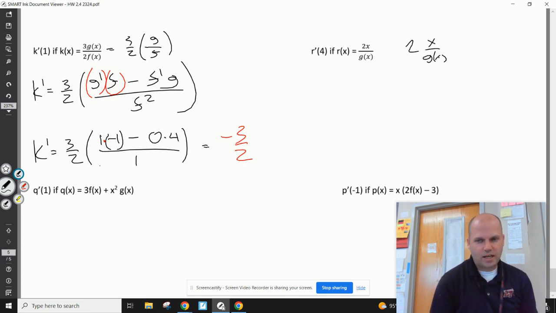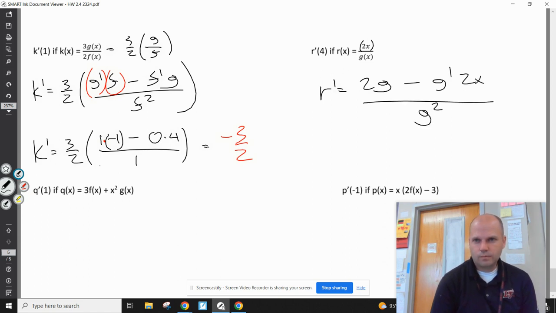This is easy enough that it's easy enough to bake it in. So I'm going to bake it in. What do I mean by bake it in? Keep 2x together. Slope of the top times the bottom minus the slope of the bottom times the top, all over the bottom squared. At 4, g of 4, g prime of 4, 4 times 2 is 8. G of 4 squared.